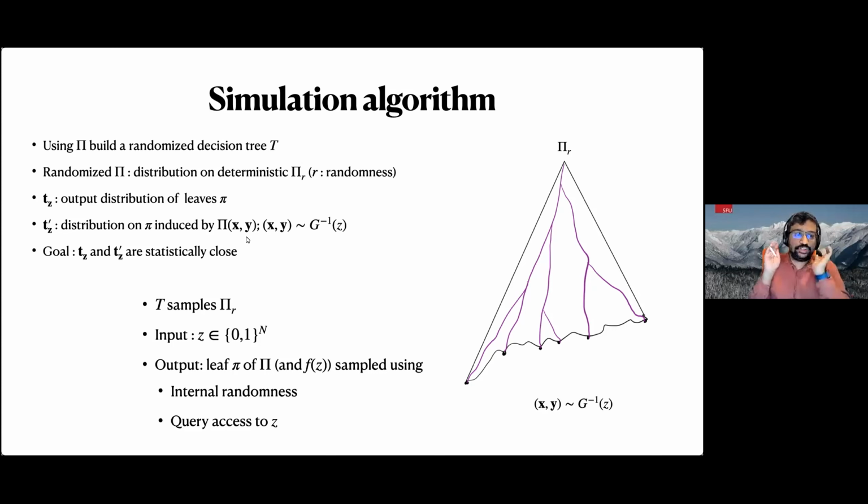The decision tree is supposed to find out F of Z for some input Z which is unknown. Z is not known to the decision tree, but we know what Z is. So we define this distribution to be all strings x, y which are uniform from the inverse of G, inverse of Z. G here is the gadget on the n copies of the gadget.